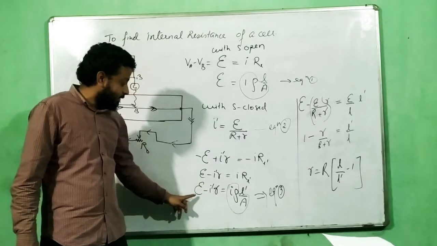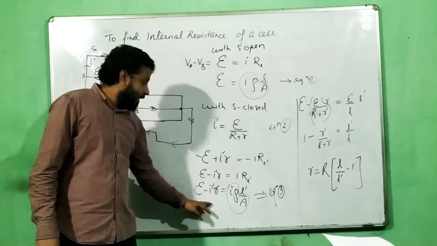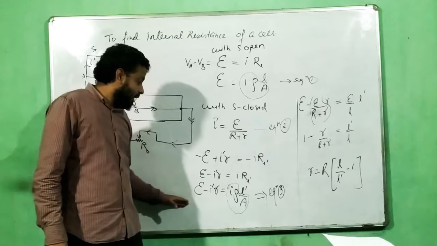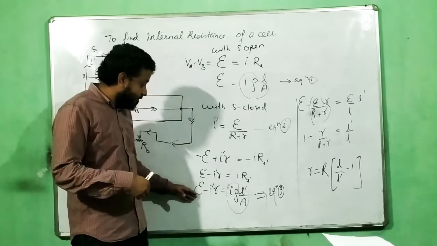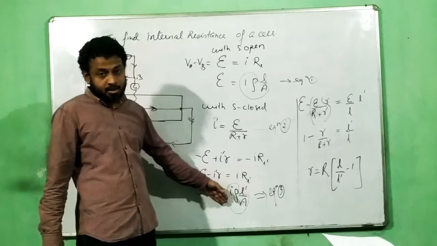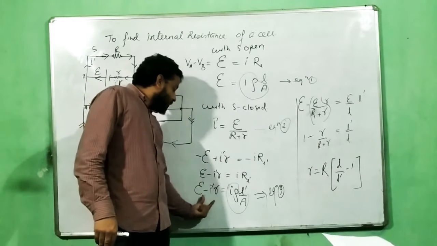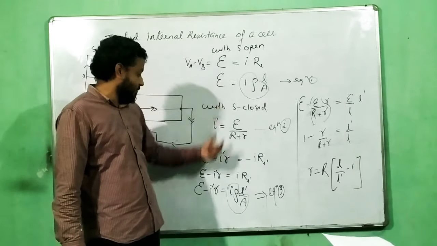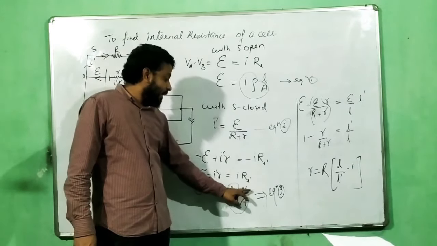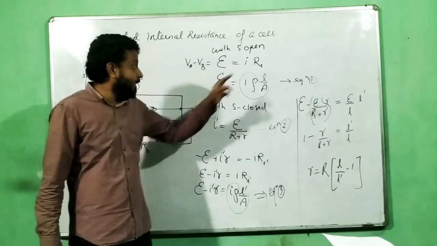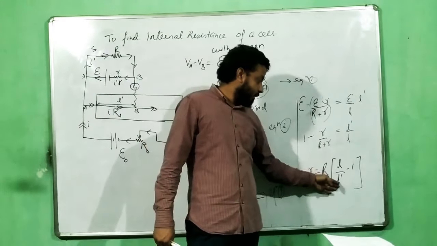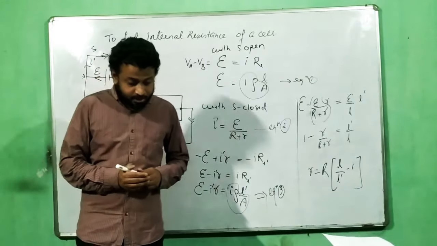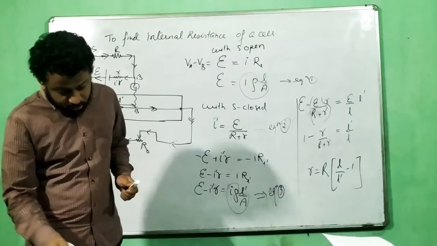L dash was balancing EMF minus I dash R. That means the balancing length L dash will be less, because on the right hand side it has to balance not EMF but EMF minus I dash R. So this value, EMF minus I dash R, is less than EMF, since this term is getting subtracted. That means L dash is less than L, and that has to be so. Otherwise your internal resistance becomes negative, and internal resistance cannot be negative. So this is the thing which you need to know.